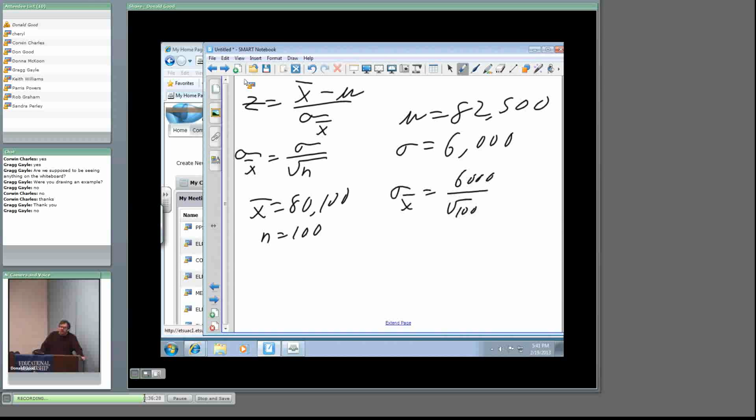It's better to use the population if you have it. So 6,000 divided by 10 is a standard error of 600.